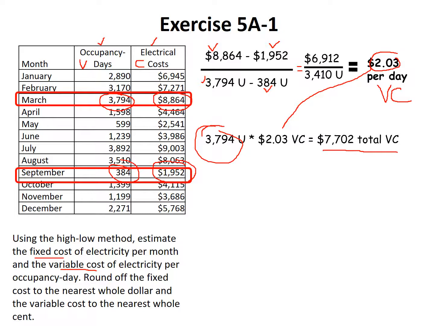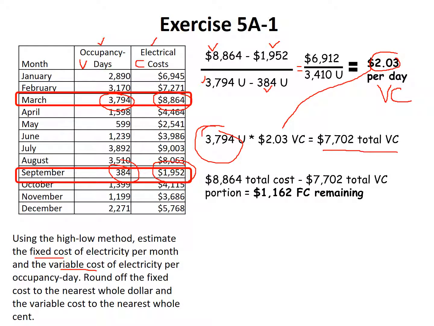Now if my costs are composed of variable cost and fixed cost, since I've now calculated my variable cost, it should be fairly easy to extract my fixed cost. So let's take a look at that calculation. My total cost for the month of March is $8,864, and $7,702 of that during March was due to the variable cost portion.